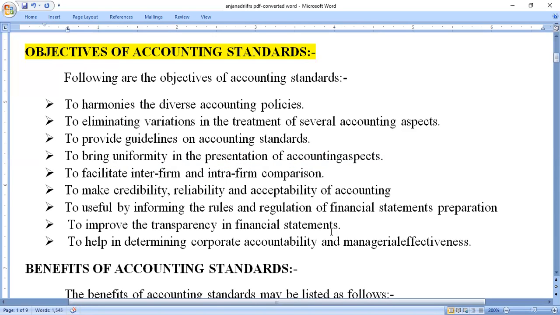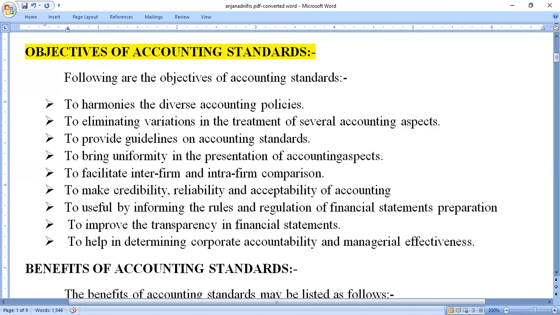The last objective of the accounting standard is to help in determining corporate accountability and managerial effectiveness. It means the accounting standard also increases the efficiency of the employees, while they give guidelines to each and every employee, accountant, and auditor.